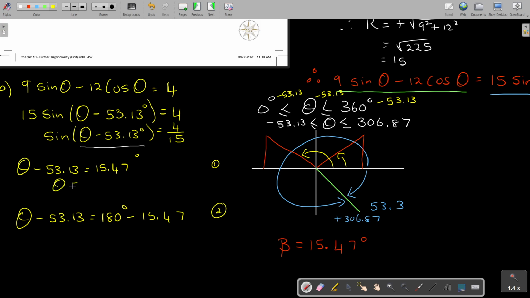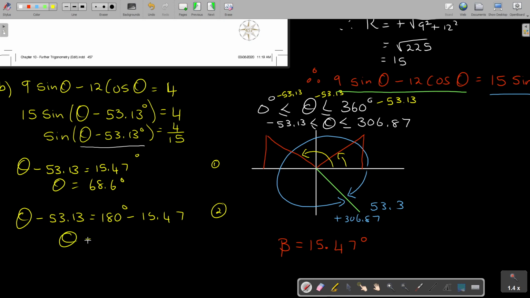Right, then I just simplify. So take your calculator, press 15.47 plus 53.13, approximate to 1 decimal place, and that will be theta is 68.6 degrees.